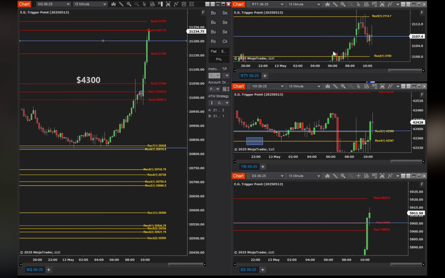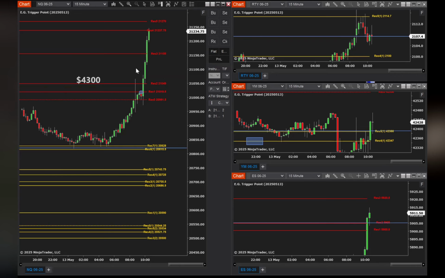Exactly. At this point, it looks like RTY is going down. This is why Mustafa went short here, and I took a long trade here.